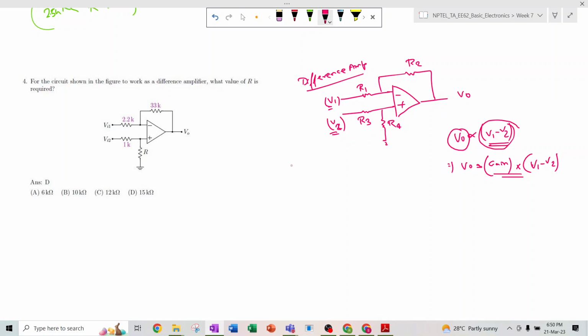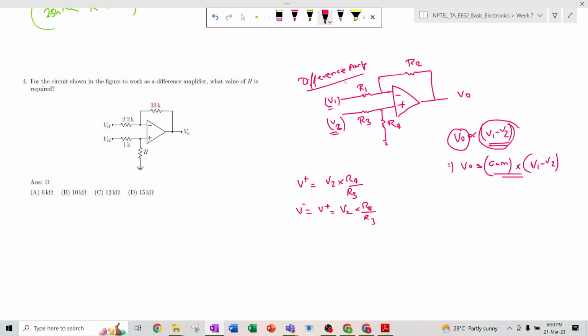Okay, so now how can we calculate? Here V plus is V2 into R4 divided by R3, and since it has negative feedback, V minus will be the same because of the virtual short concept, so it will be V2 into R4 divided by R3.